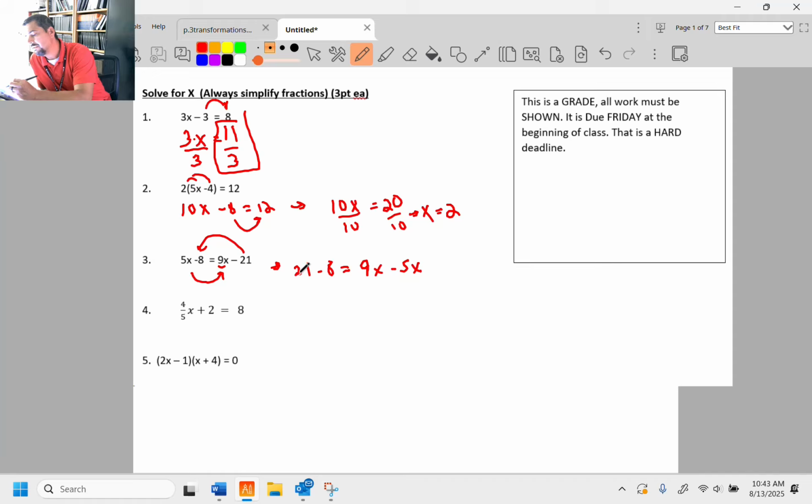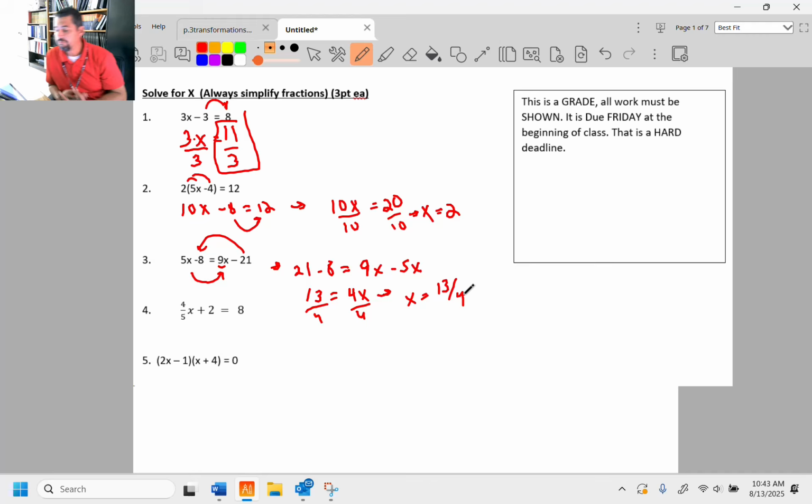And again, that was a positive 21. 21 minus 8 should be 13. 9 minus 5 should be 4, so 4x. And then again, the opposite of multiplication is the division operation, so x is going to be 13 quarters.